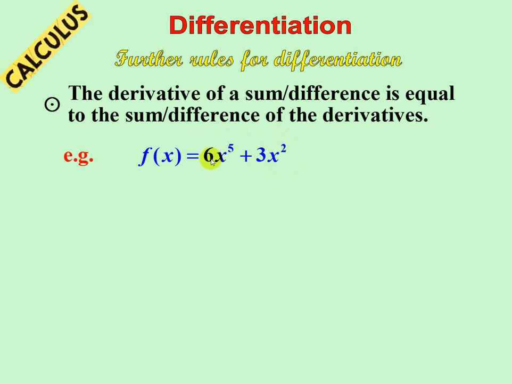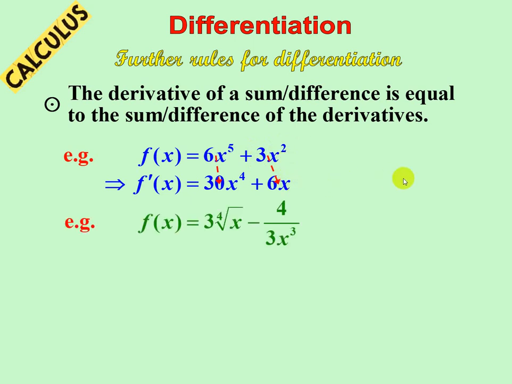So it's the derivative of the first term plus the derivative of the second term, and that's what we mean by sum of derivatives. So there we are. 5 multiplies down, 30x, subtract 1, 4. 2 multiplies down, 6x, subtract 1, 1.